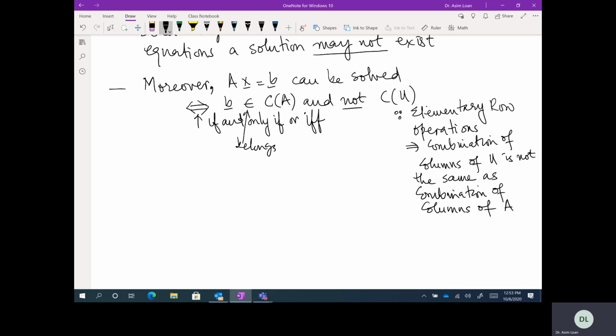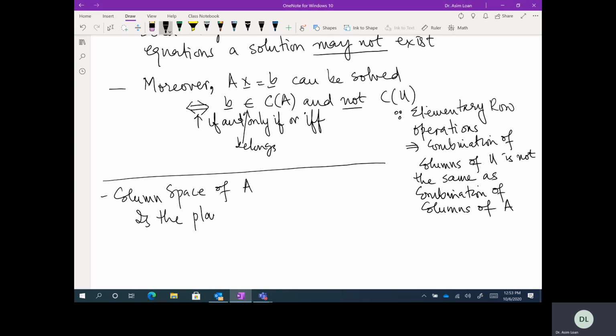So what about the column space? The column space of A is the plane generated by the independent columns of A. And what are those columns?